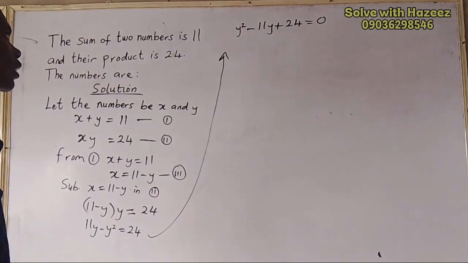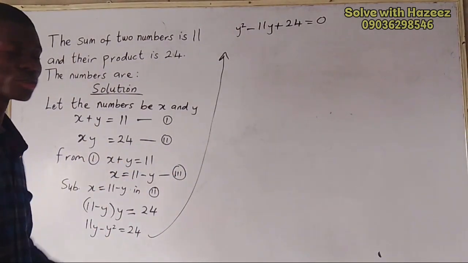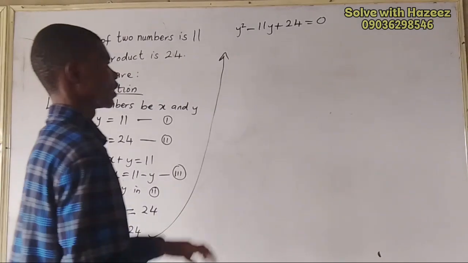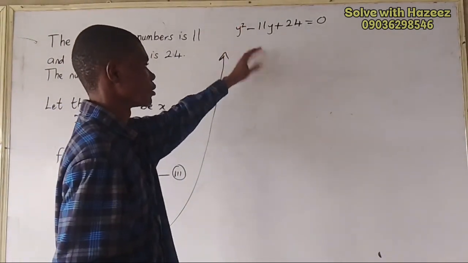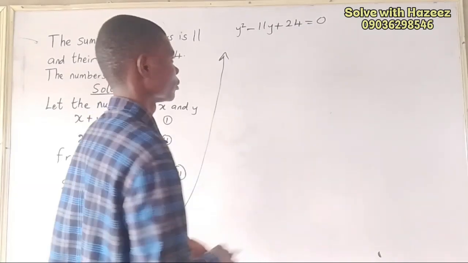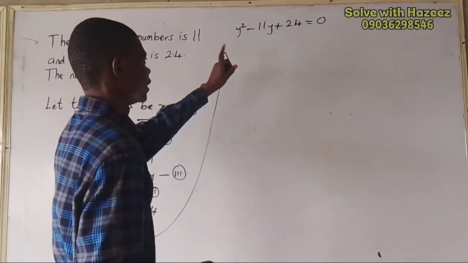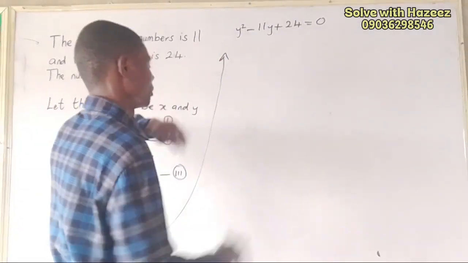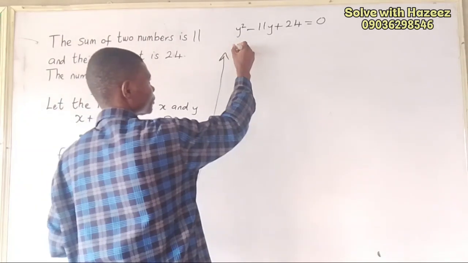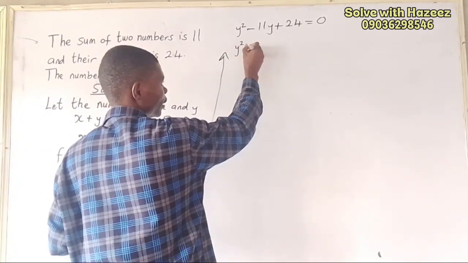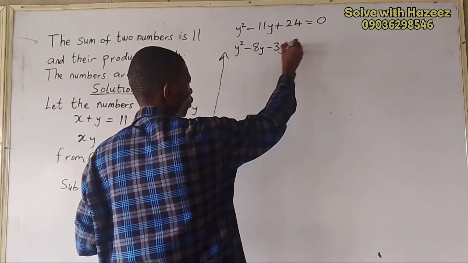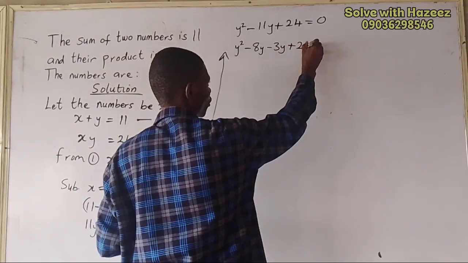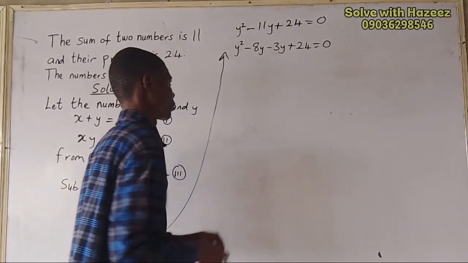So this is a quadratic equation where we can factorize, we can use the general formula, we can use the completing the square method, and so on. So without wasting any minutes of our time, let us factorize. This is going to be y squared minus 8y minus 3y plus 24 is equals to 0.